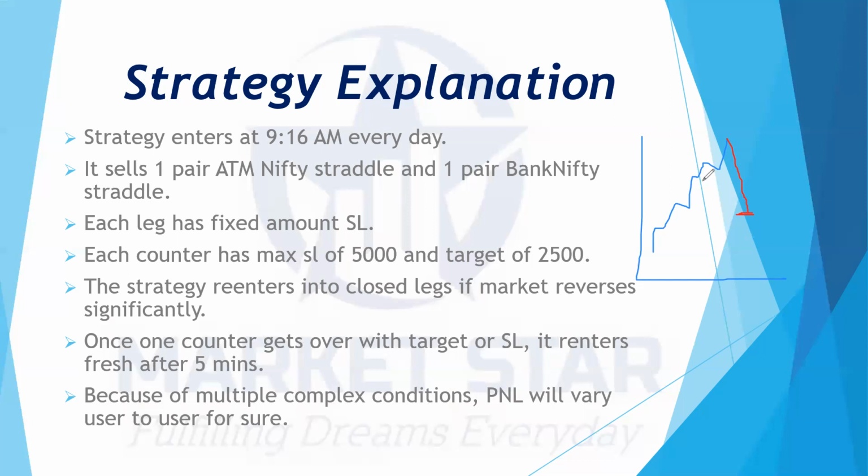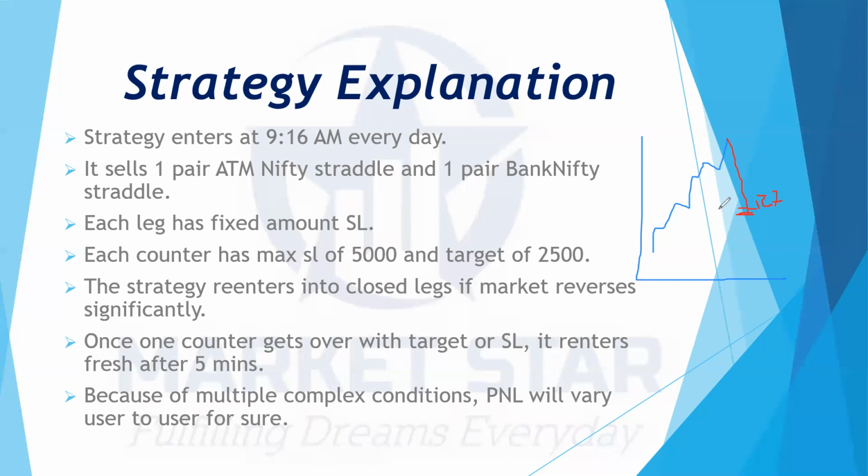So user B will exit at 152, and user B will re-enter not at 125. User B will re-enter at 127.